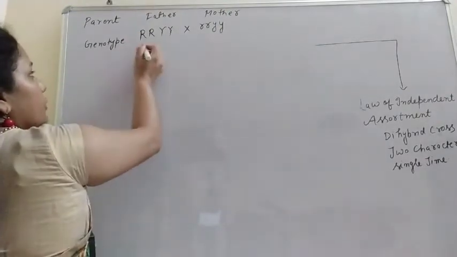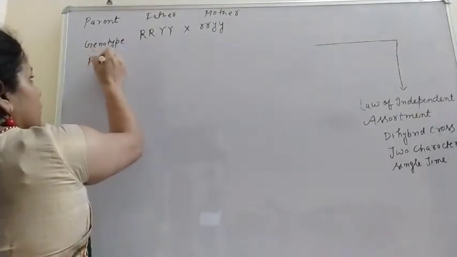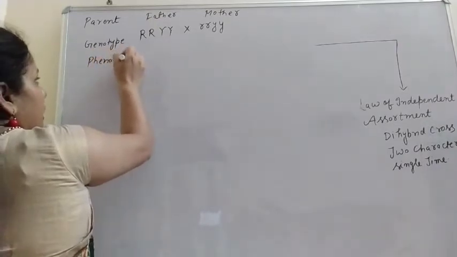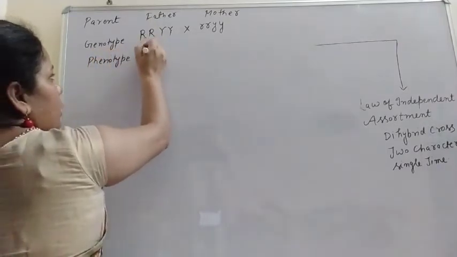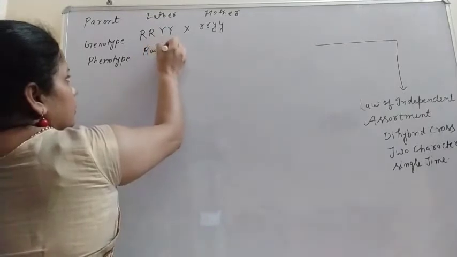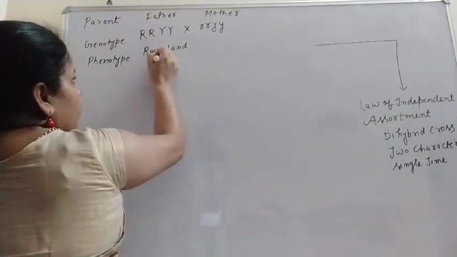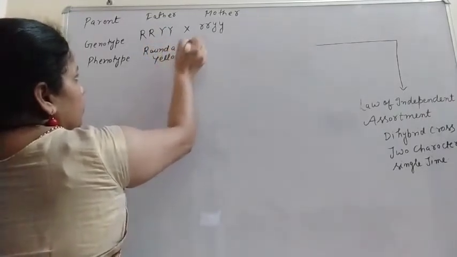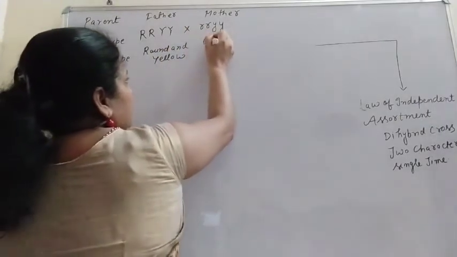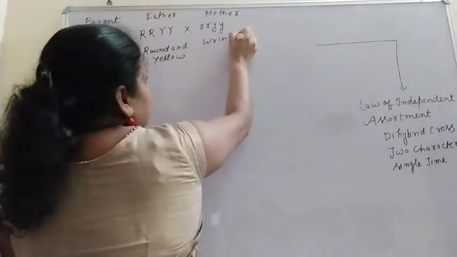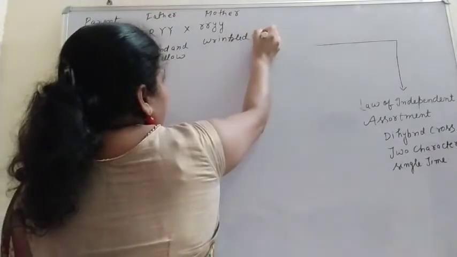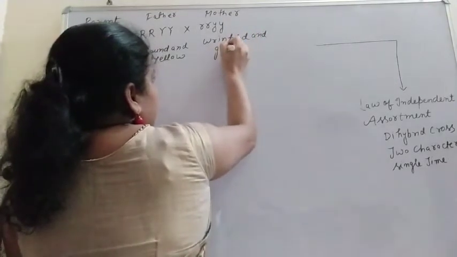Then the phenotype also here. And what is the phenotype? That is round and yellow. And that is wrinkled and green.